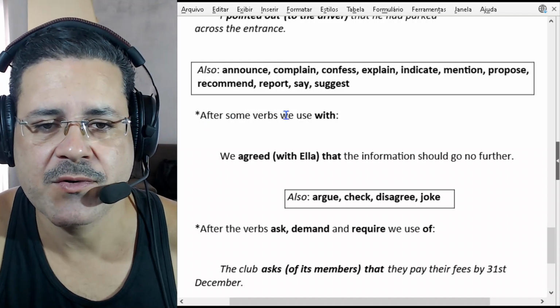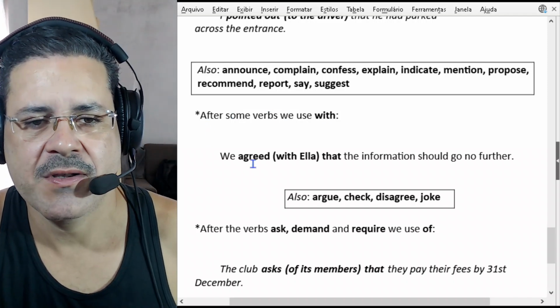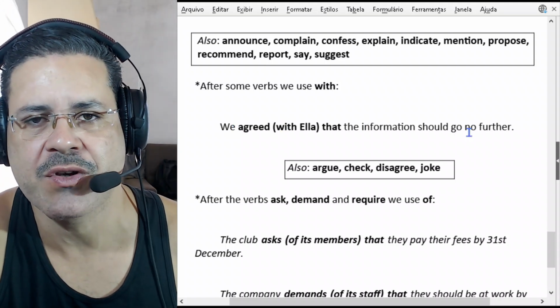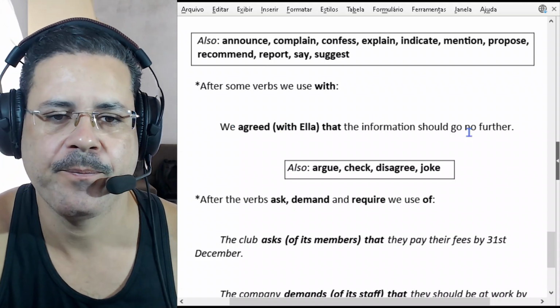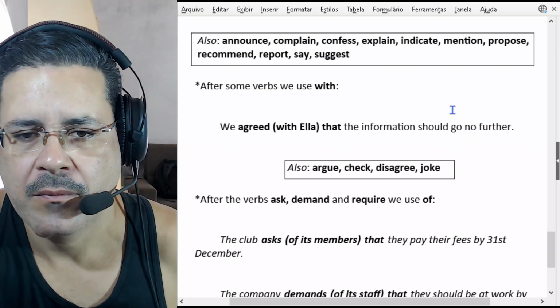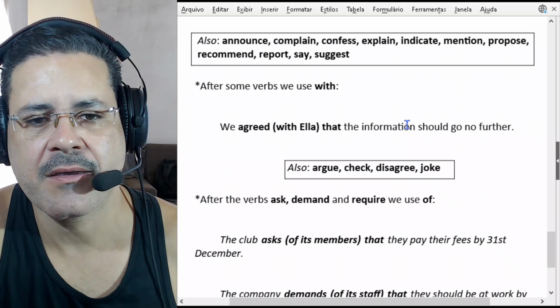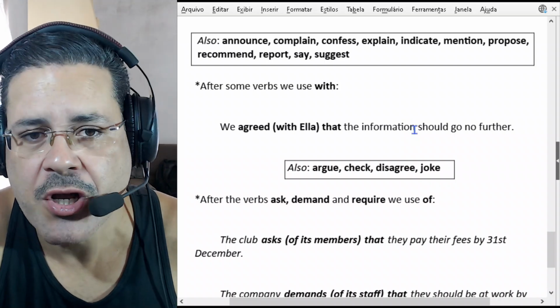After some verbs we use with. For example, we agreed with Ella that the information should go no further. Asked about the information, they were like, the information should go no further.